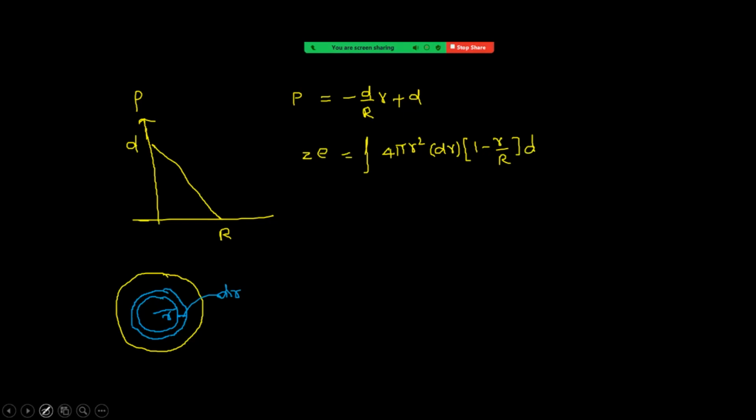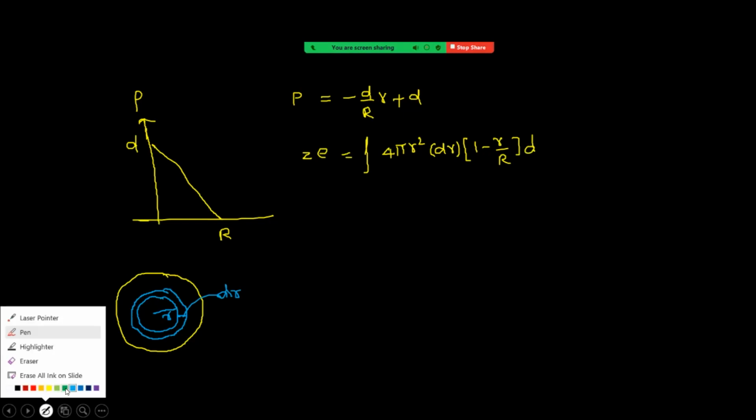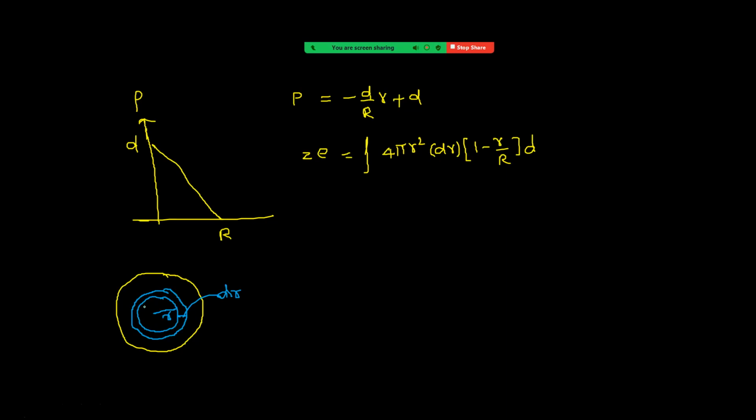Now we are calculating the charge in this volume. That volume is 4 pi r square into dr into rho. Like this, we take all spherical shells from 0 up to capital R. First take constants outside, 4 pi D outside.